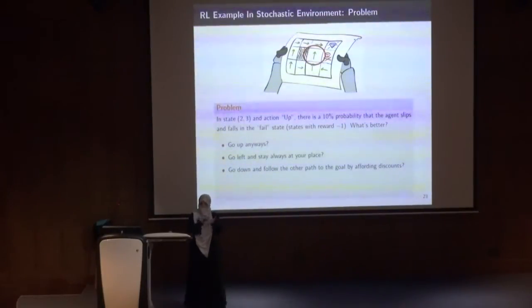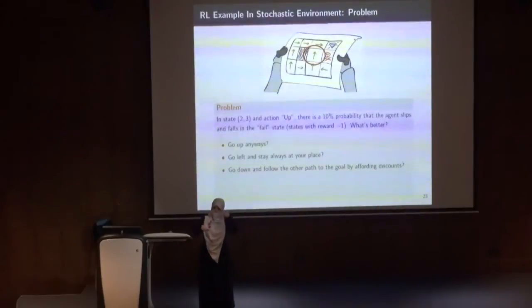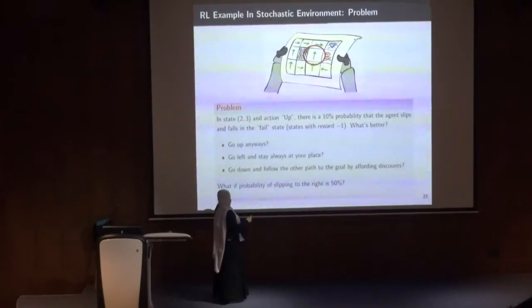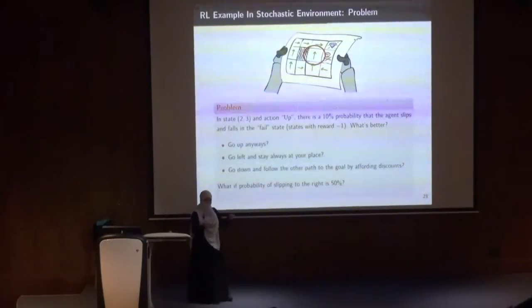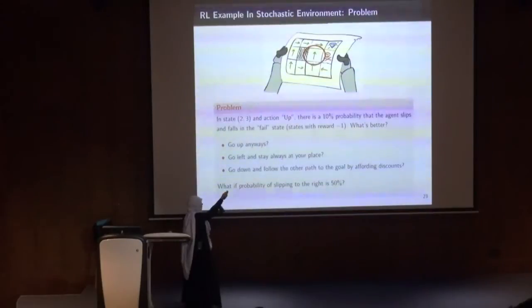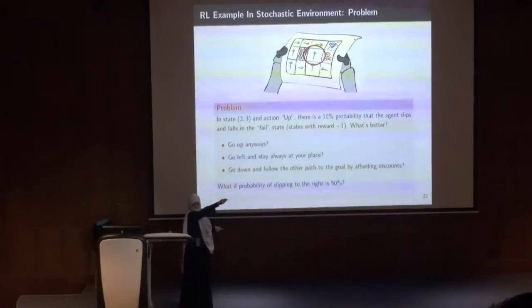And this is where the stochasticity of the environment is introduced in my learning problem. I can't have a deterministic policy, right? So I need a quantization. Another question: what if the probability of slipping to the right is 50%? Then probably I wouldn't go up if I have a probability of 50% of falling in this danger zone.